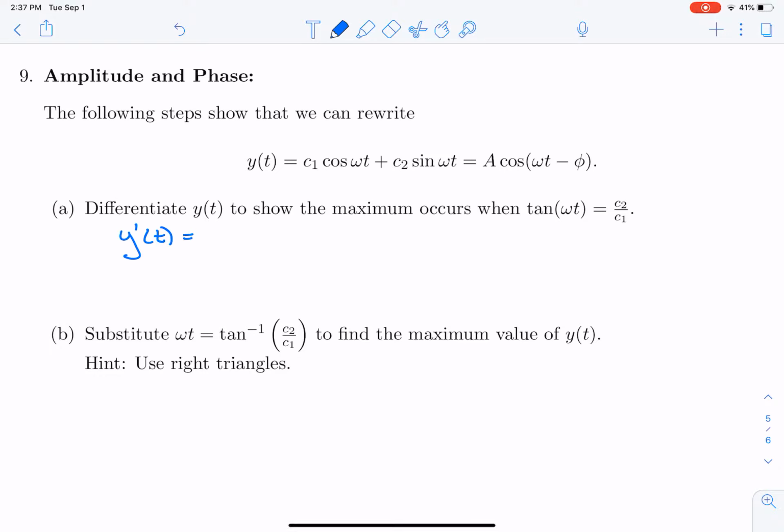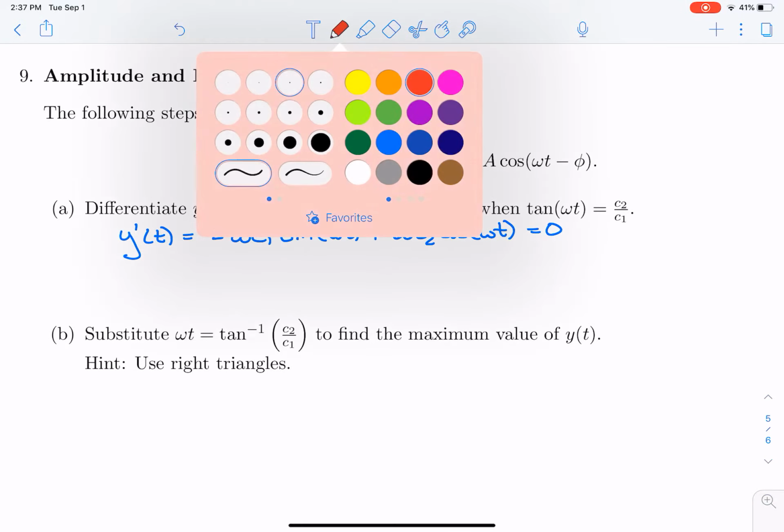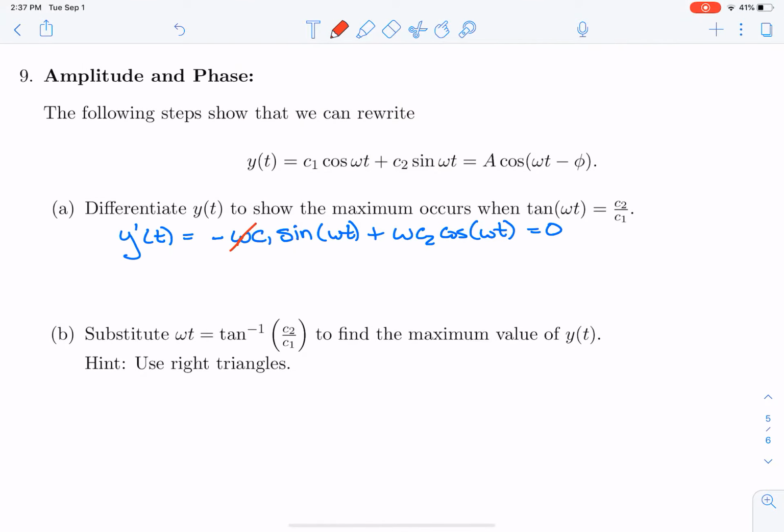Okay, so the derivative here is going to be negative omega C1 sine of omega t plus omega C2 cosine of omega t. And then we're going to set that equal to 0. Okay, so that tells us, first we can divide out the omegas.